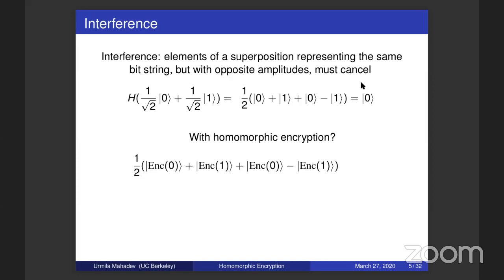I think Vinod is just suggesting a different way. Here I suggested one way of using classical encryption for quantum computations, and Vinod is suggesting a different way of using classical homomorphic encryption for quantum computations. Okay. So how would you prepare that superposition that you would need here? That would be tricky, Vinod. That's a problem. Sure. Yeah, I just thought I missed something.